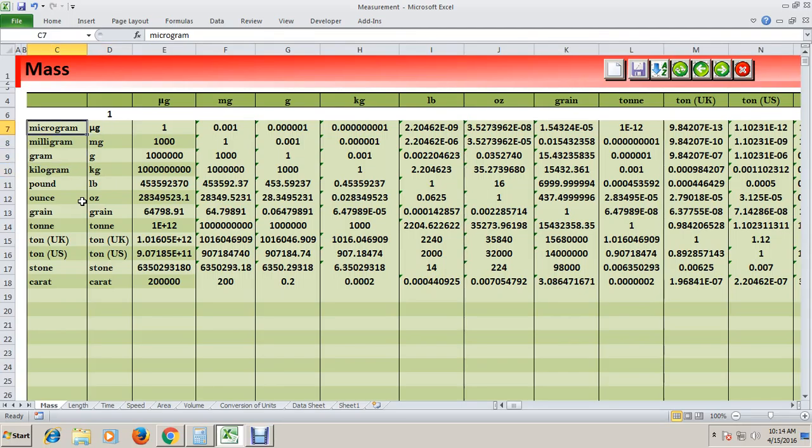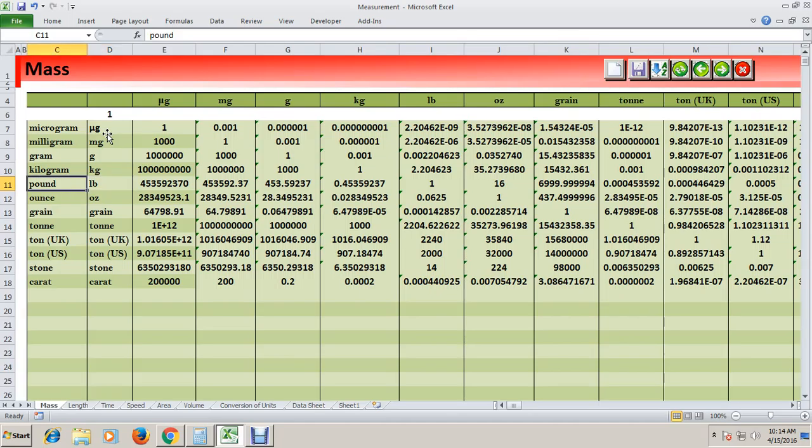Okay, so these are the symbols for the corresponding units. We have the microgram, which has this symbol. This Greek letter is called mu, or this is read as micro. So we attach the small letter g to symbolize the gram. So this is read as microgram. Okay, so we have milligrams, grams, kilograms. We have the pound.